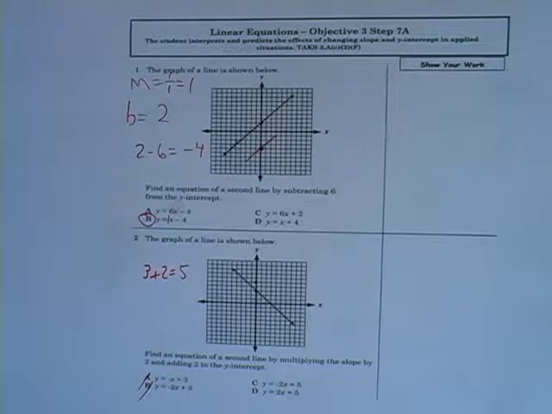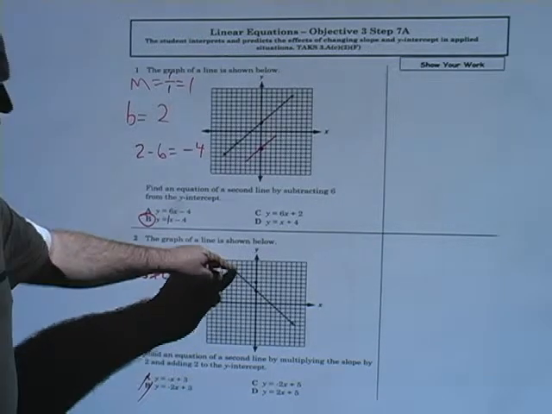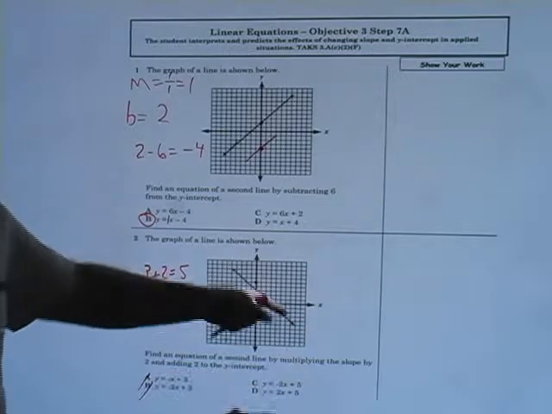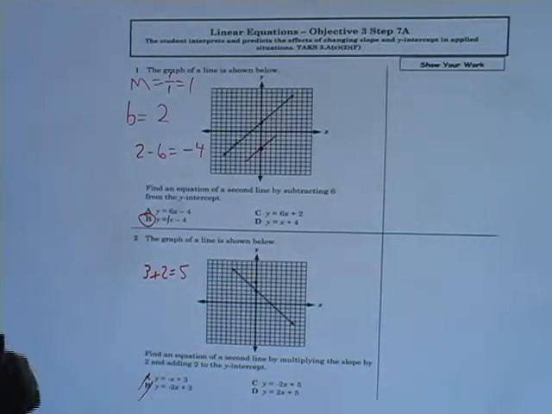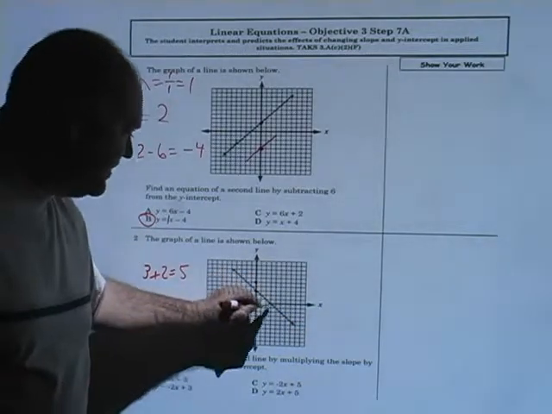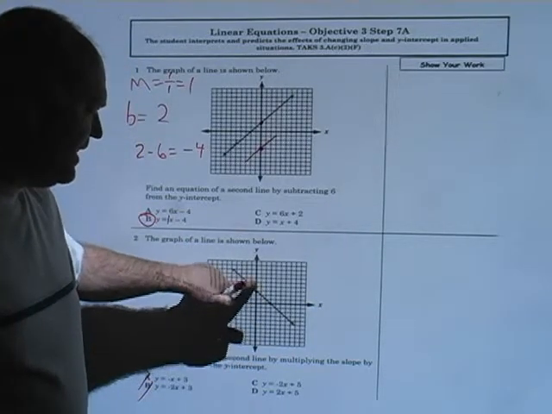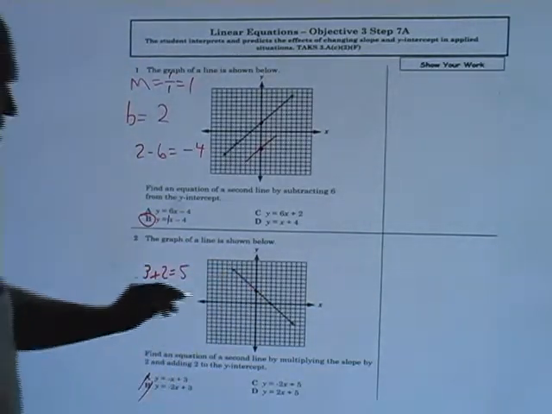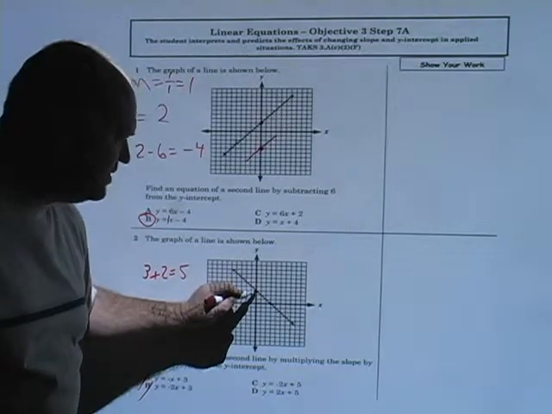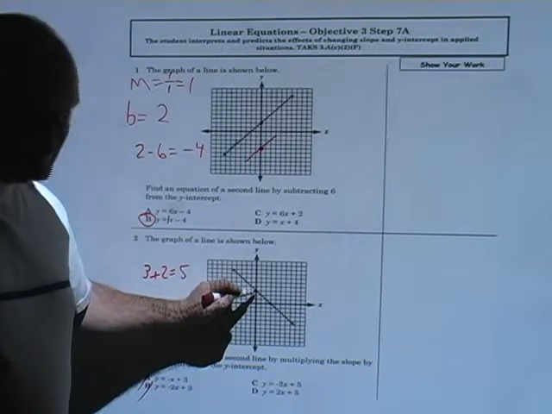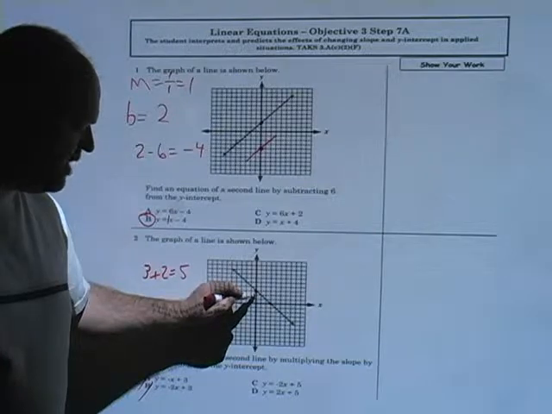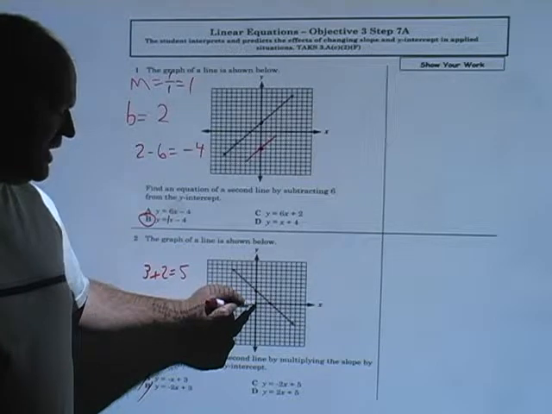Now we need to look at our slope. We're going to multiply our slope by 2. So we need to know what this slope is so that we can multiply that number by 2. Let's look at it. I'm going to pick a couple of points here on the line, and find my rise. It goes 1, 2, 3.